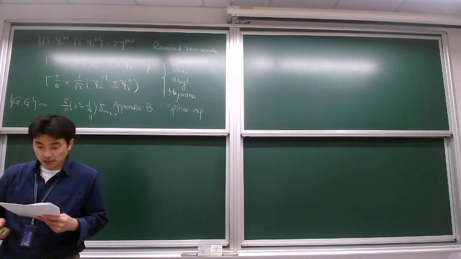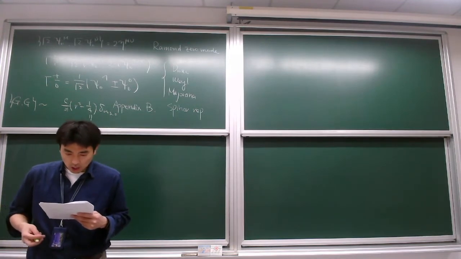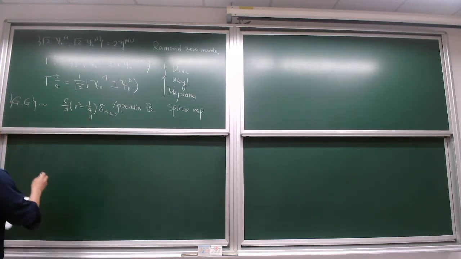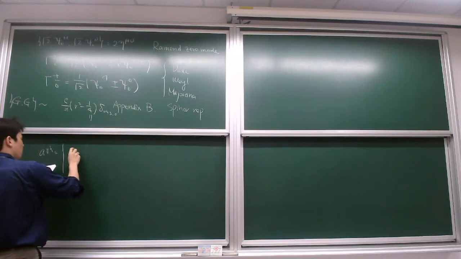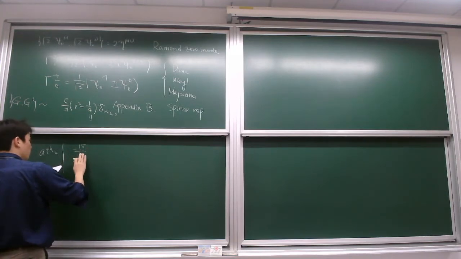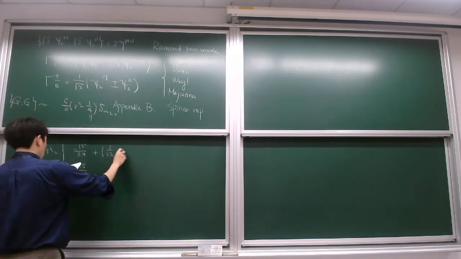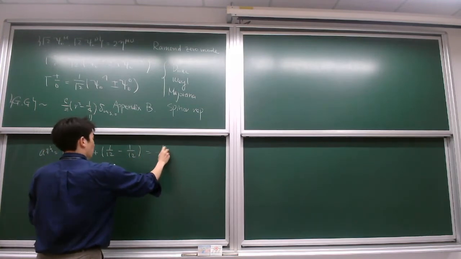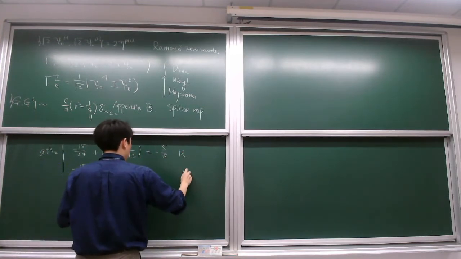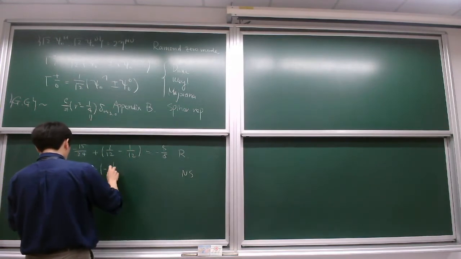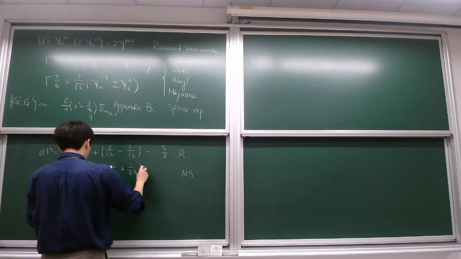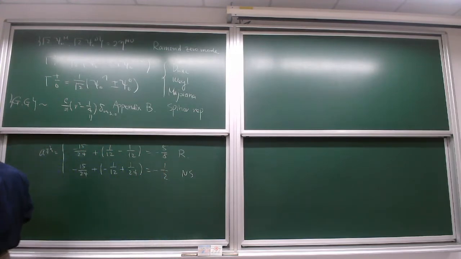So the last time, and also, oh yeah, the calculation of the ghost, I did a strange expression of 15 over 24, and minus 15 over 24, 12, minus 1 over 12 and minus 5 over 8 is Ramond, and S should be something like minus 1 over 12 plus 1 over 24 is equal to 1 over 16. Okay, yeah, this.